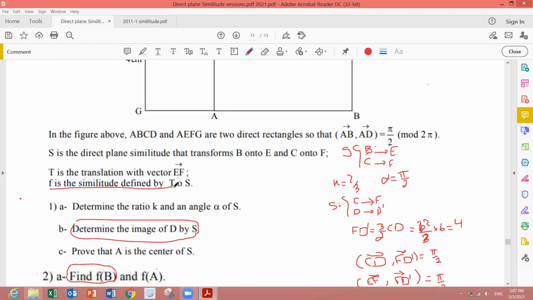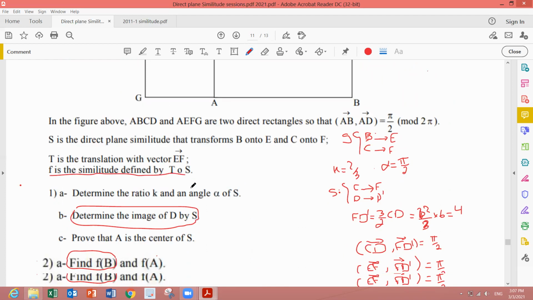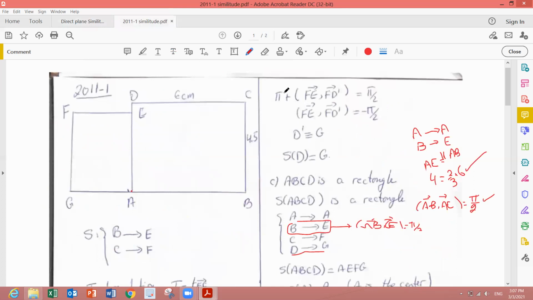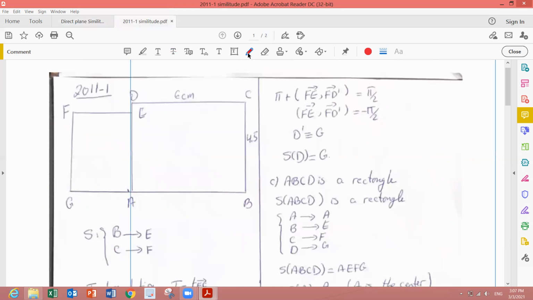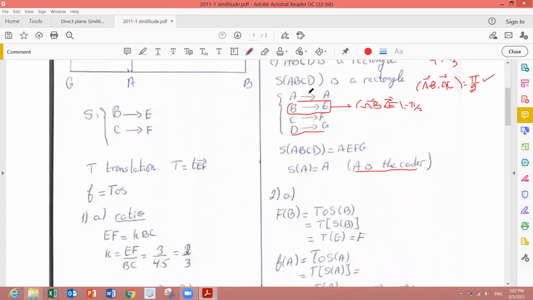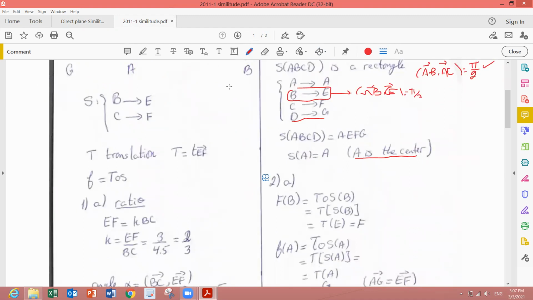Here we have a translation round a similitude. How to determine F of B or F of A? F of B is T round S of B, T of S of B.